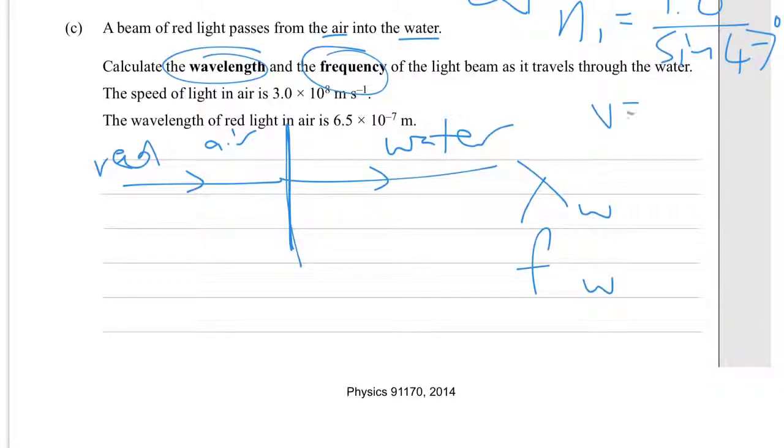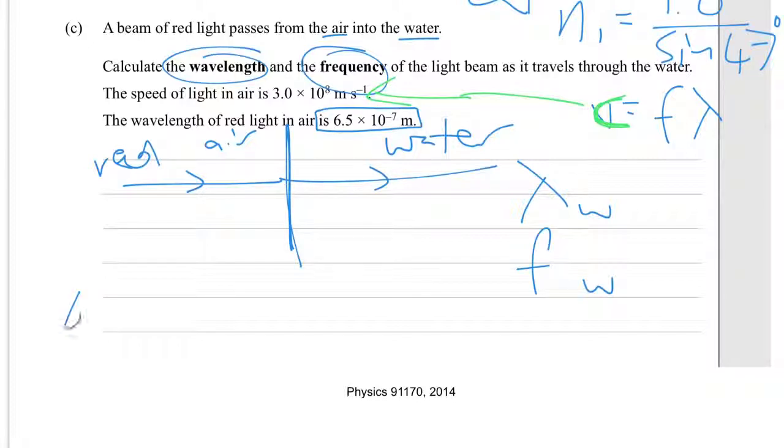We've got v equals f lambda to link both the frequency and the wavelength. v is going to be the speed of light, so we can write that as c. The speed of light is given to us there, so that's going to fit into there. And the wavelength of red light in air, 6.5 times 10 to the minus 7.